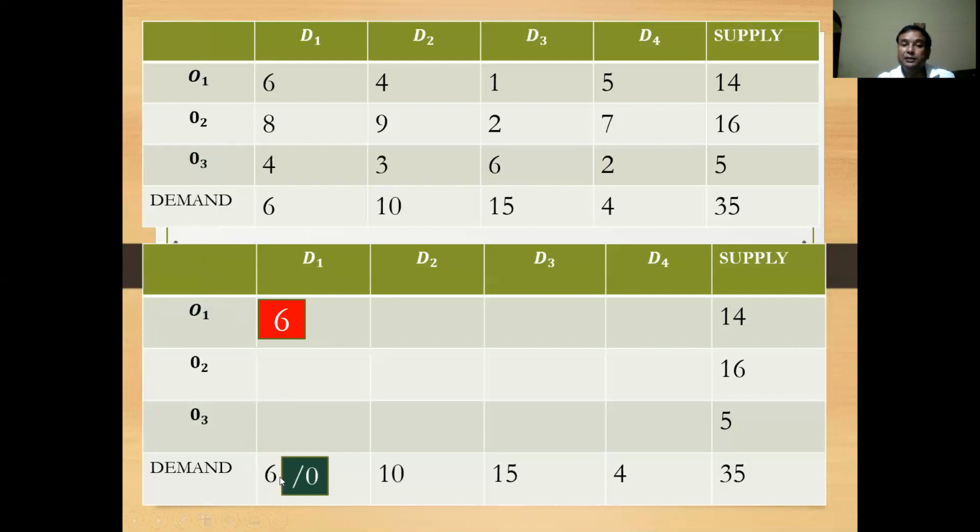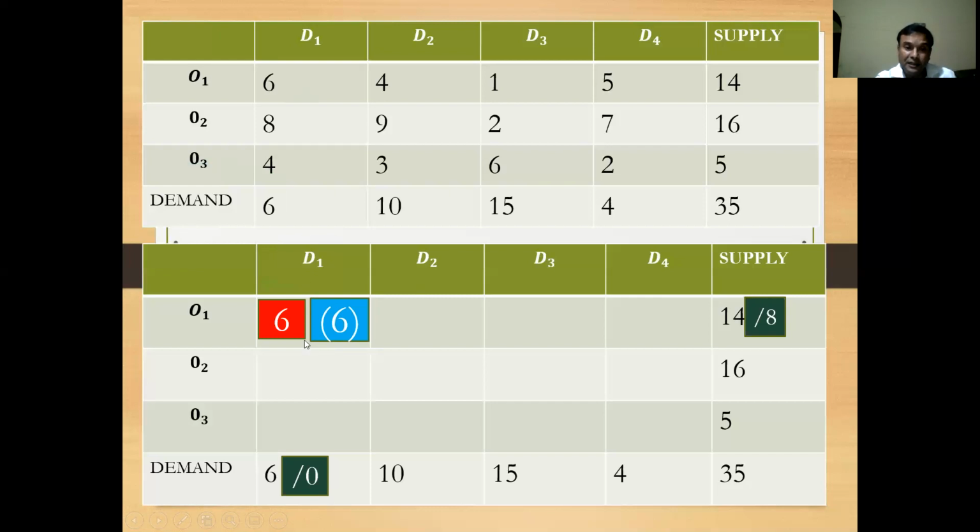Out of these 14 items, we have supplied only 6, and there are still 8 items available there. These will be filled up by the corresponding cost of the given table of the question.